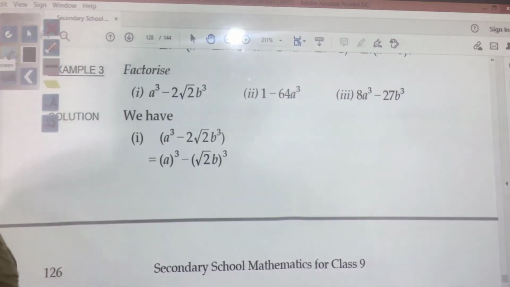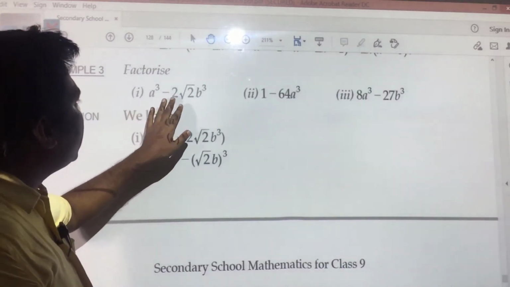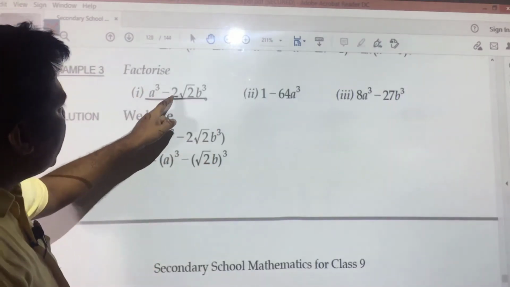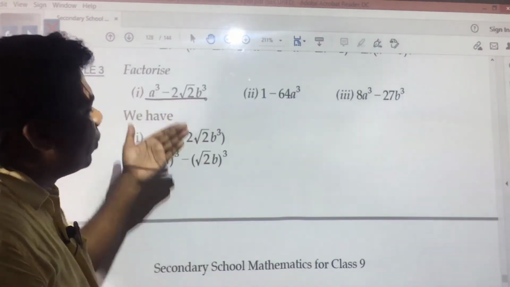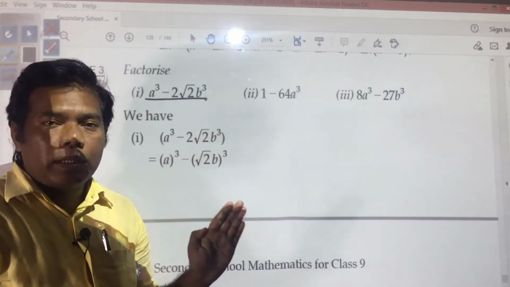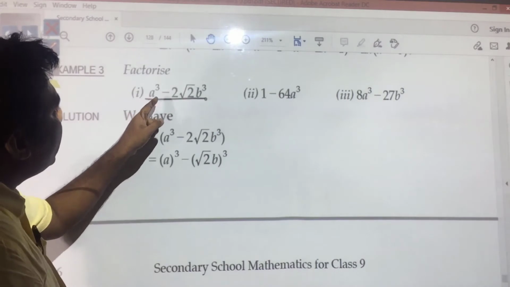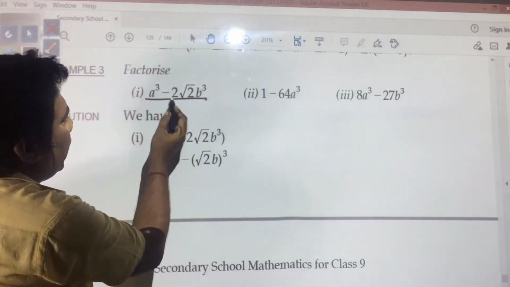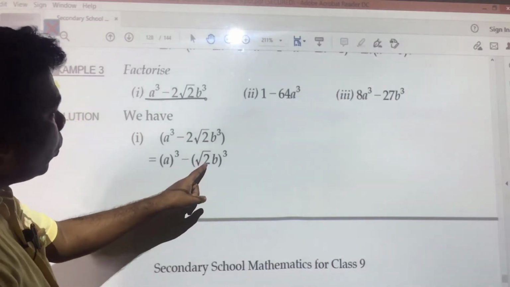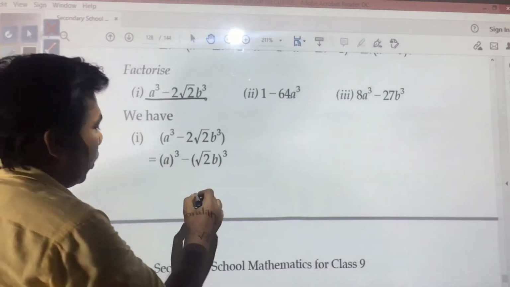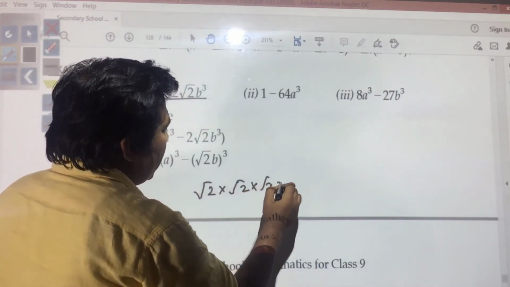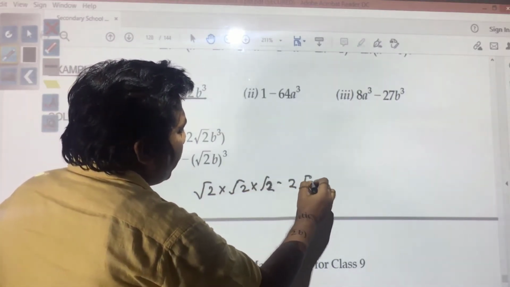Next, we have a cube minus 2 root 2 b cube. Here you see, we need to convert this into the formula a cube minus b cube. 2 root 2 b cube can be written as (root 2 b) cube, because if you write root 2 into root 2 into root 2, you will get 2 root 2.